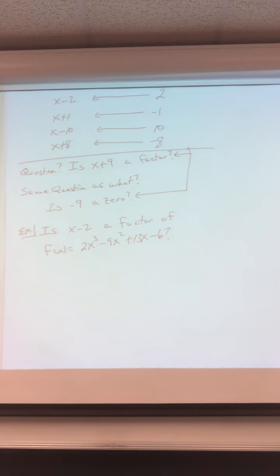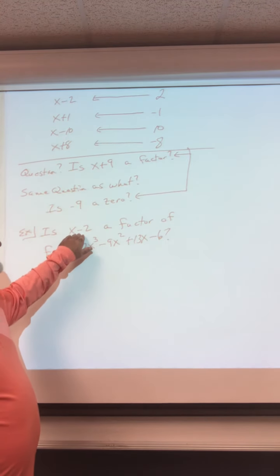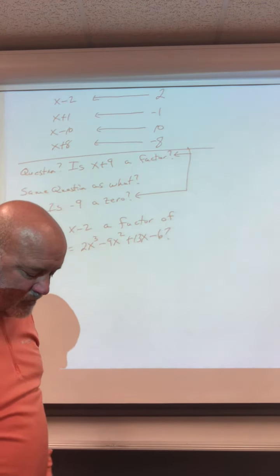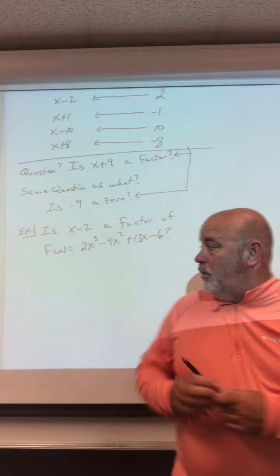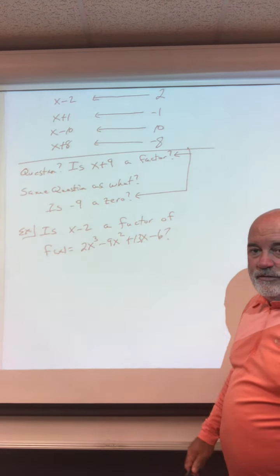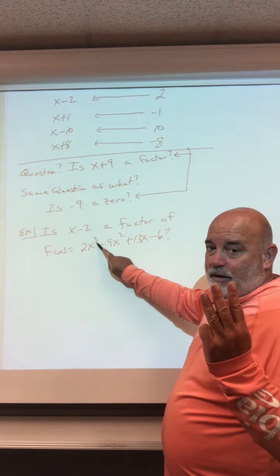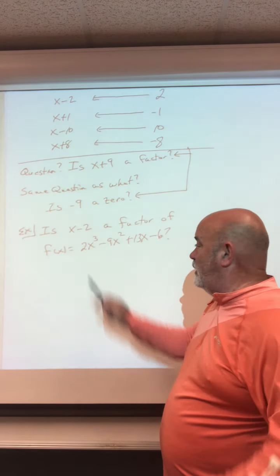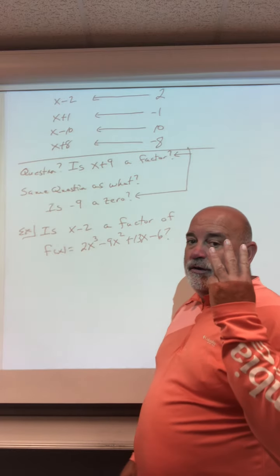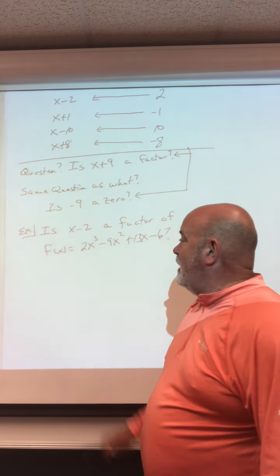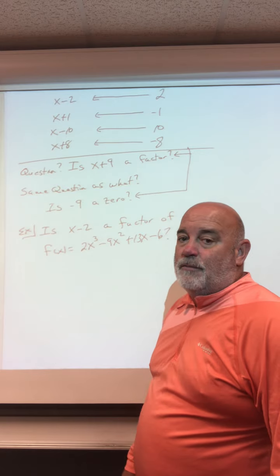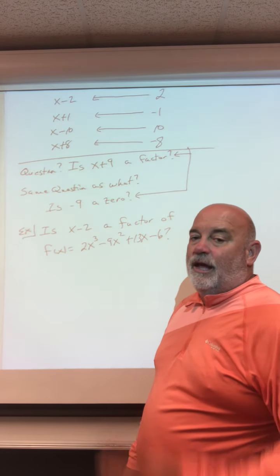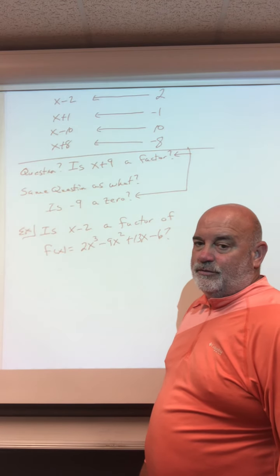All right, so here's the question. Is x plus 2 a factor of this right here? All right, let me ask you this question first. What degree polynomial is this? This is a third degree polynomial. So what does that mean? How many zeros will it have? It will have 3 zeros. If it has 3 zeros, then how many linear factors will it have? It will have 3 linear factors.